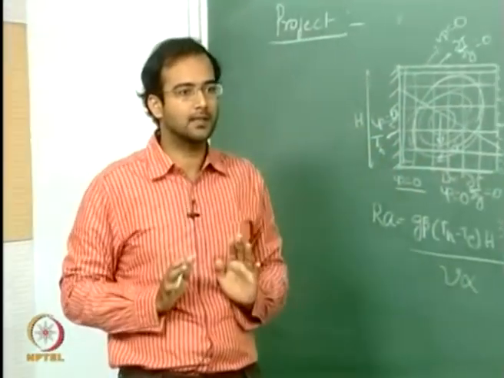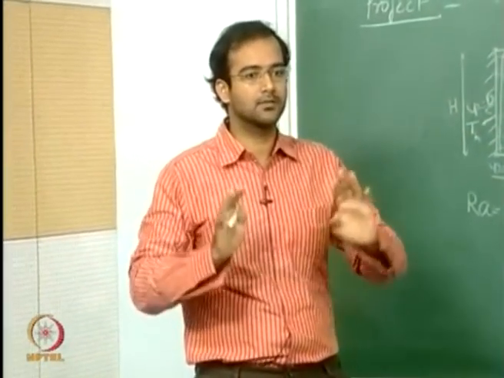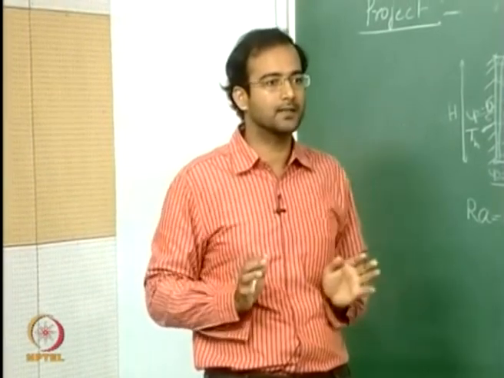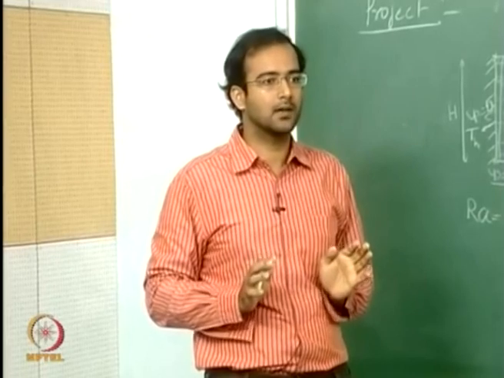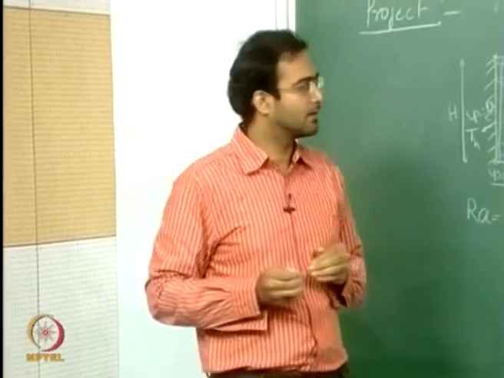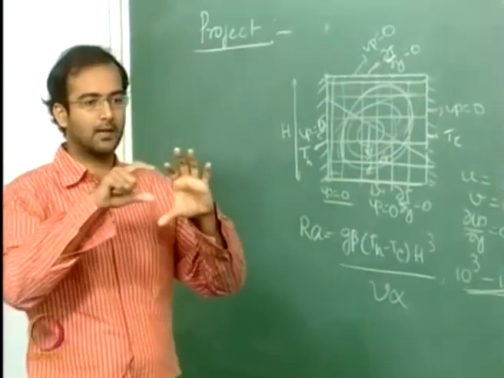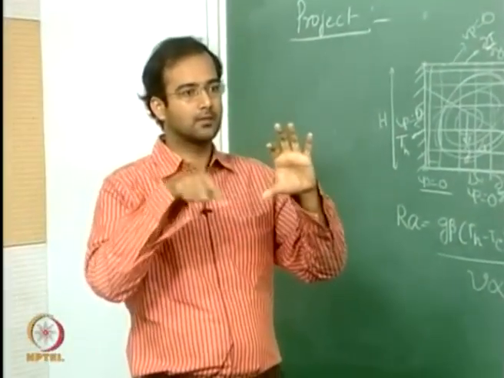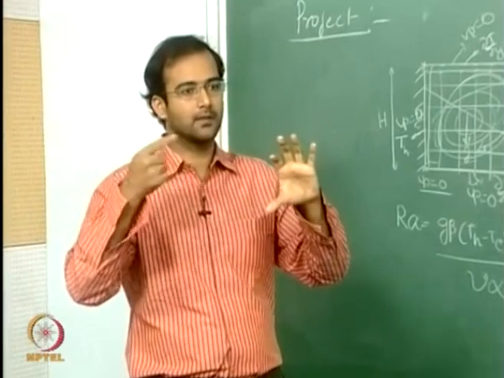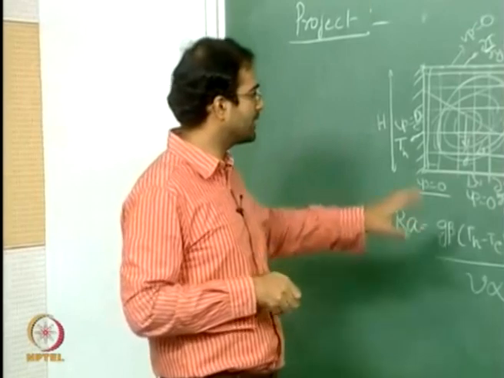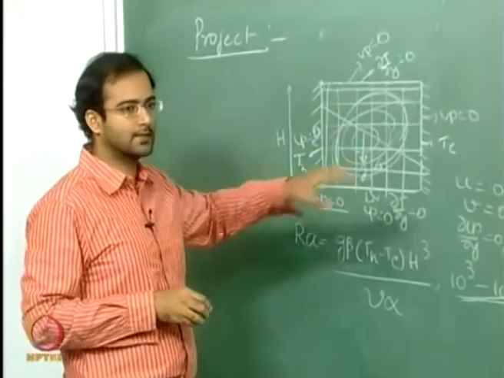Finally you get a resulting set of algebraic equations which you solve by any method, whether you consider this as a matrix and use inversion methods or do it iteratively. Okay, so here you can do a very iterative solution which is going to take only a few lines of code, do loops where you just iteratively keep doing it till the convergence criteria is satisfied, and then you can plot the results for streamlines.